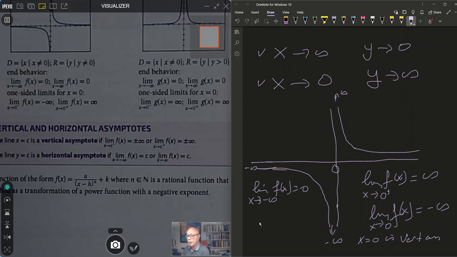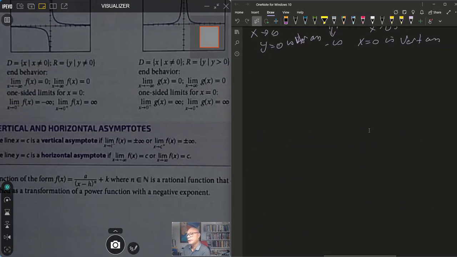And limit f(x) when x goes to positive infinite, f(x) also goes to 0. So the line y equal 0 is a horizontal asymptote. Okay, so this is the vertical asymptote and this is the horizontal asymptote.